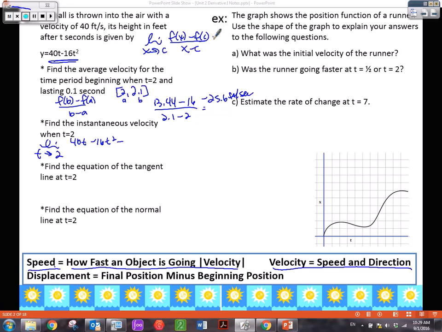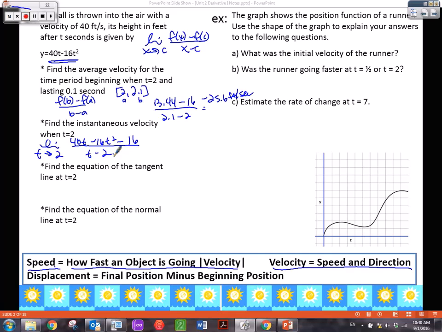In other words, I take the 2 and substitute it in here and get a value. I did that and I got a positive 16, so minus 16, all over t minus 2. And that is the alternative form of the definition of the derivative. So what we're going to do is work through that and get an answer.